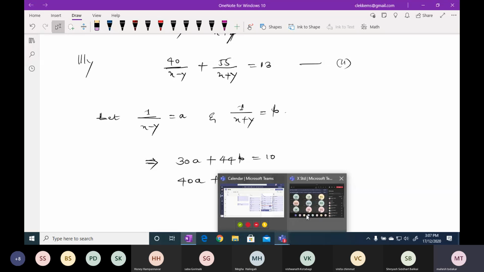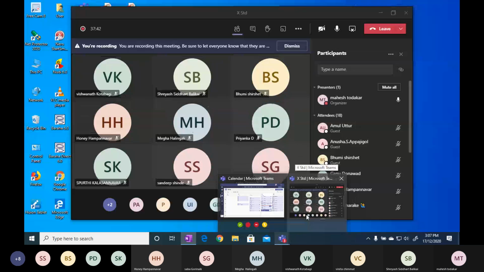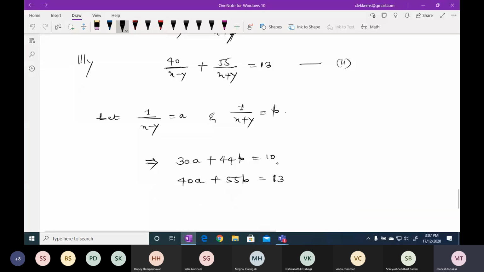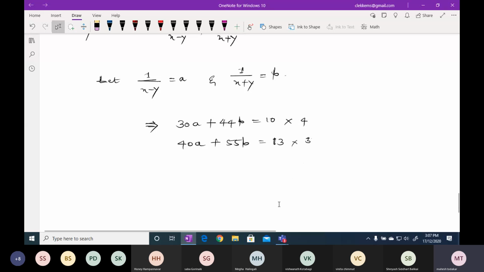Can we use the elimination method? Yes, multiply this equation by 4, and this equation by 3.